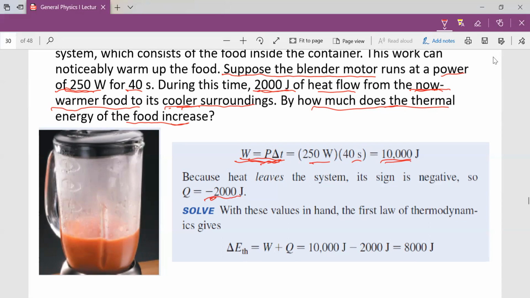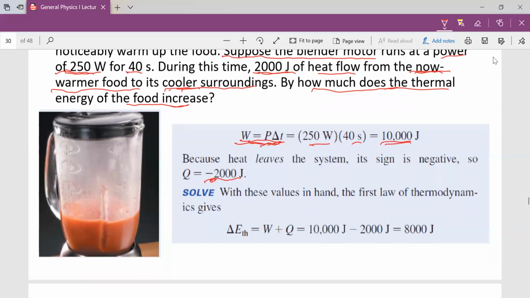You have to also pay attention to the information that is supplied in the question. So with that information, we just input into the first law of thermodynamics to calculate the thermal energy. Remember, the first law of thermodynamics is just going to be concerned with thermal energy.